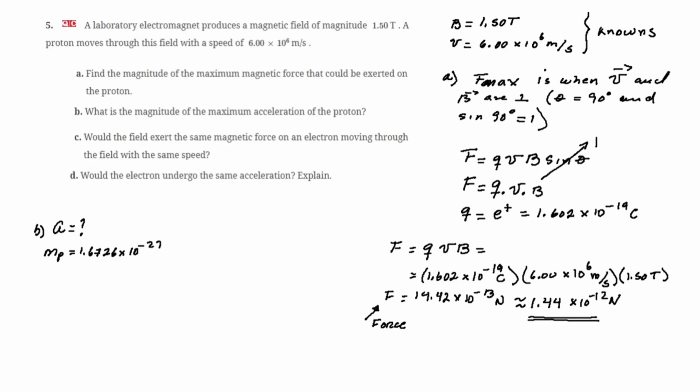We know the force calculated is 1.44 times 10 to the negative 12 newtons. So I can calculate the acceleration of this proton by dividing the force by the mass of the proton, which is Newton's second law.